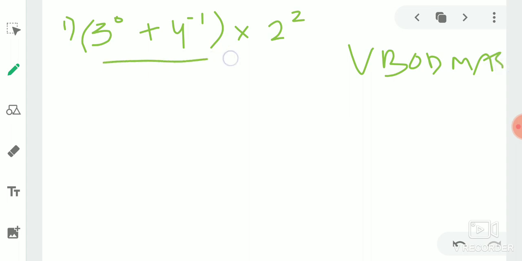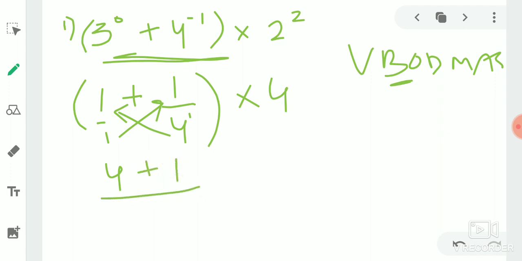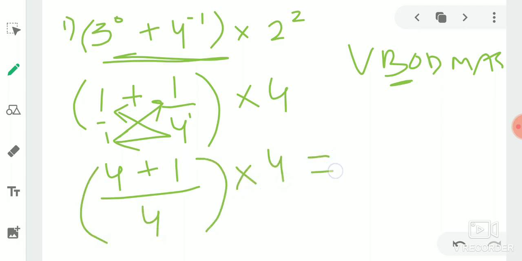Here we have to solve first the brackets. 3 raised to power 0 is 1 plus, this is a negative exponent, so we can represent it as 1 by 4 raised to power 1, multiplied by 2 2s are 4. 4 raised to power 1 is 4, or we can cross multiply: 4 1s are 4 plus 1, multiplied by 4, that is 4 plus 1 is 5, divided by 4, multiplied by 4.